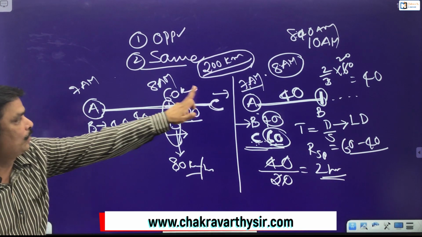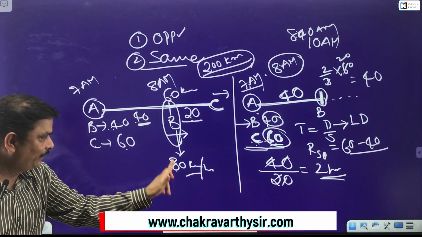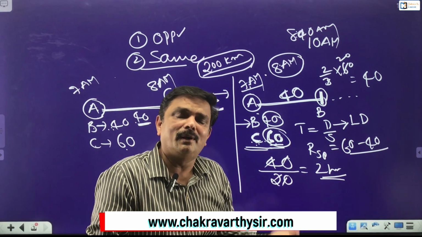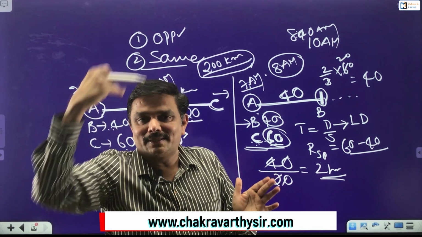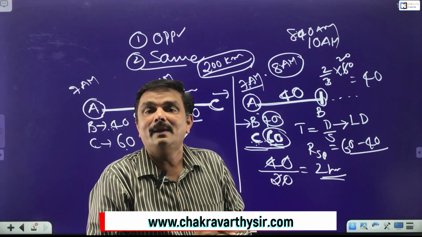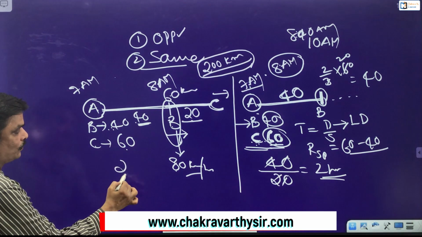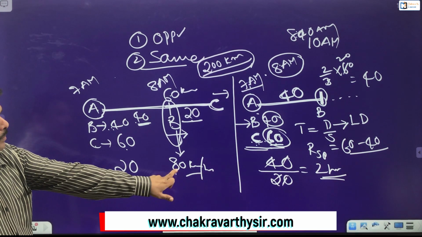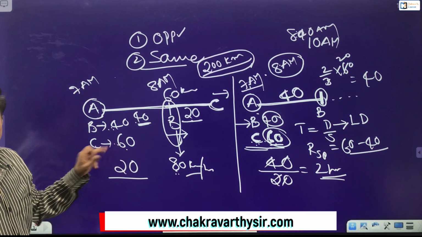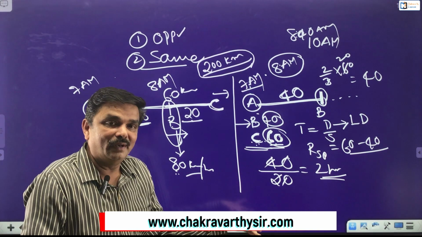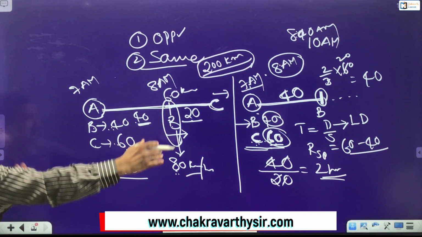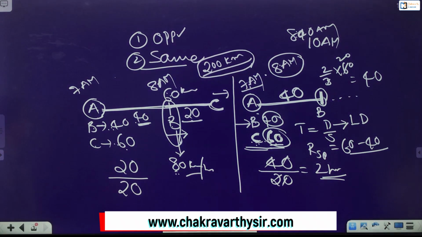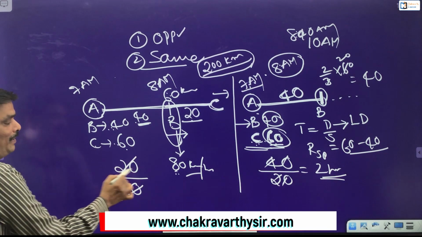For the bus with 80 kilometers per hour to catch the car, how much time would it take? Same here, time is equal to lead distance divided by relative speed. Here the lead distance is 20, and the relative speed is 80 minus 60, that is 20. 20 by 20.